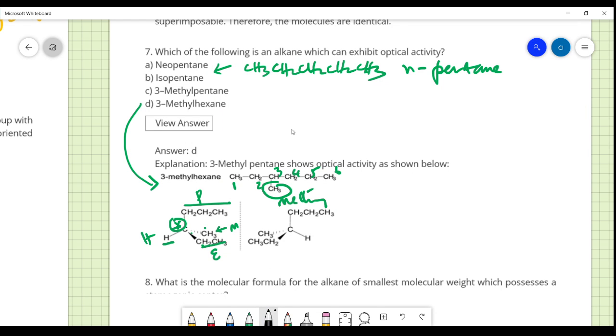I'll write it again here. For 3-methyl pentane you can write 1, 2, 3, and CH3, CH2. So 3 means from the third carbon there will be branching. 1, 2, 3. 3-methyl pentane means you should go for this CH2 and CH3.